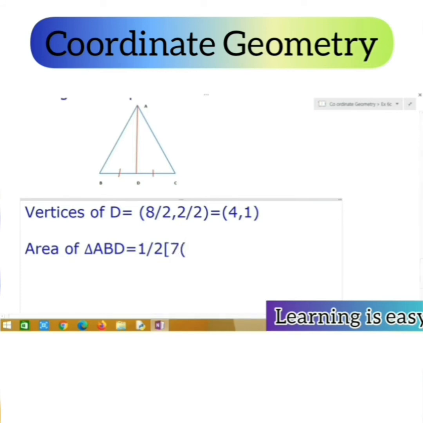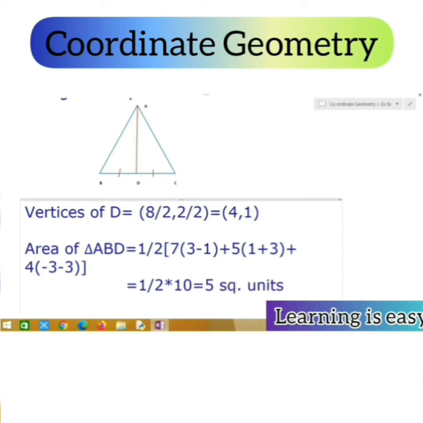So the area of the triangle ABD, by considering the respective vertices, is half into 7 into 3 minus 1, plus 5 into 1 plus 3, plus 4 into minus 3 minus 3. That's going to be half into 10, which is 5 square units.